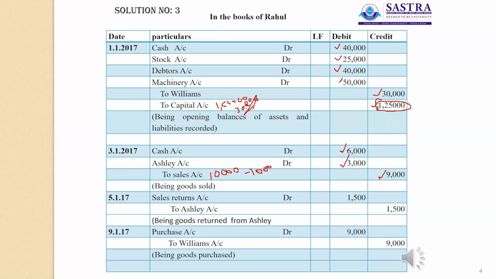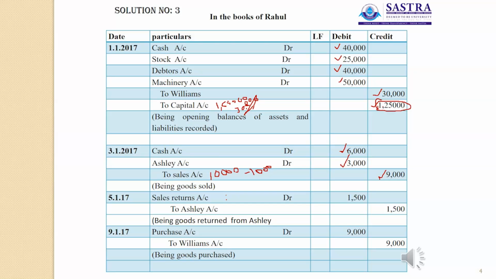So the remaining amount is 9,000, that is 10,000 minus 1,000. Out of 9,000, 40% is a cash transaction and the remaining 60% is a credit transaction.